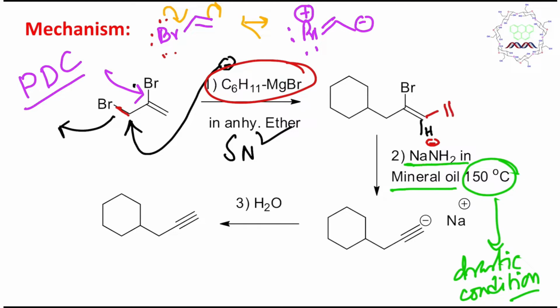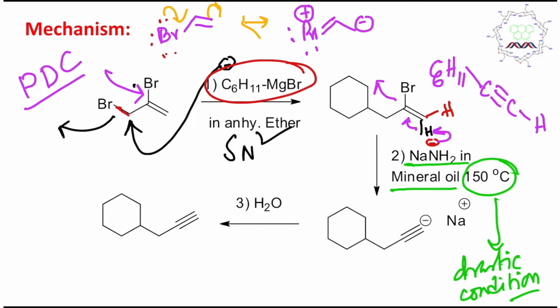There are actually two protons, so it abstracts this proton. The negative charge abstracts this proton, it pushes, and the bromide leaves. So at first what does it produce? It produces C6H11 attached to a carbon triple bond carbon hydrogen.